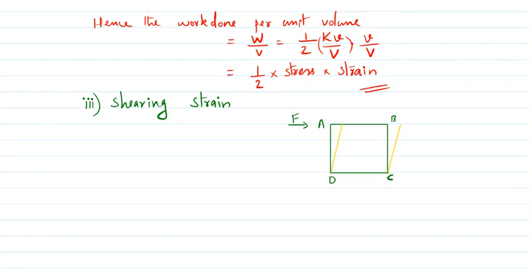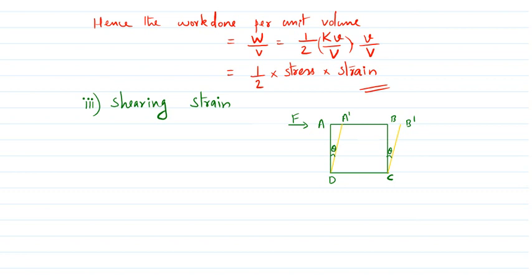So A will be changed to A dash and B will be changed to B dash, by creating an angle theta here. This is what we see in the shearing strain.